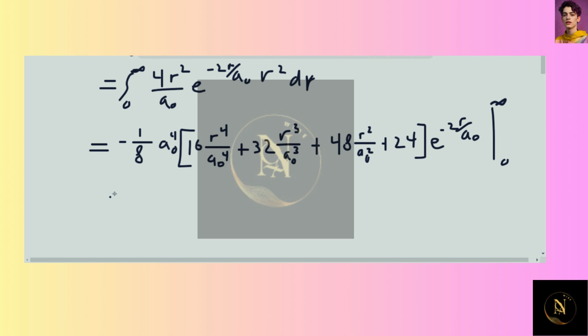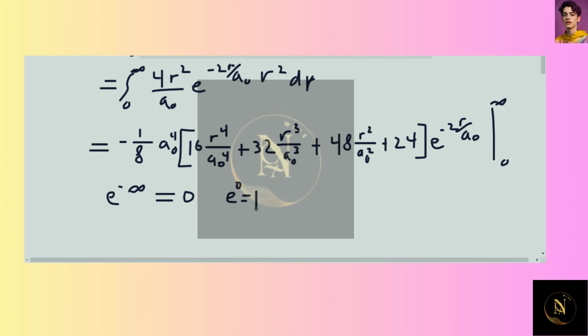Well, e to the minus infinity is 0. E to the 0 is 1.